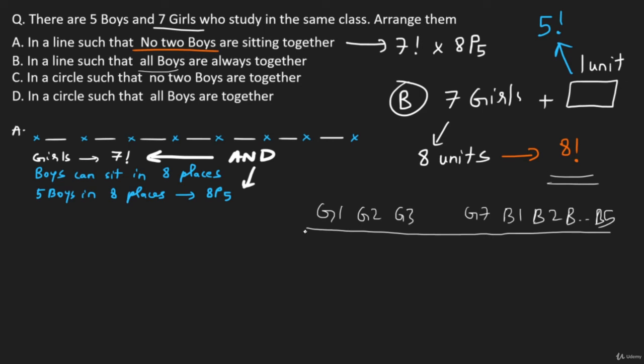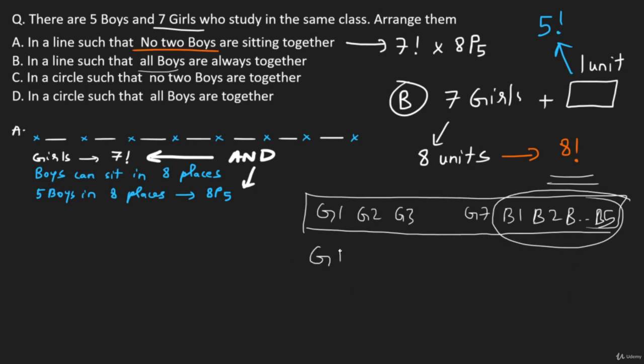Now, keeping this arrangement the same, we can just shuffle the boys among themselves in 5 factorial ways, right? So you again have G1, G2, etc. up to G7, but instead of B1 over here, probably you have B2 over here, B1 over here, B3 over here, B4 over here, and B5 over here, right?